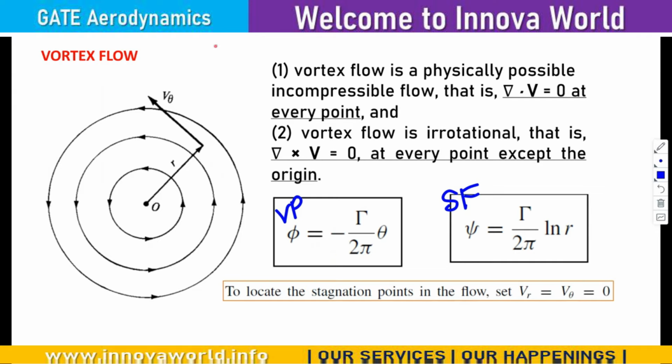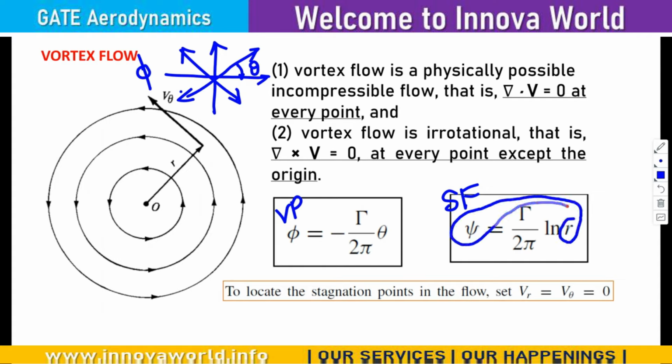Now if I have to draw again for the velocity potential and for the stream function, if any figure represents something like this, it will be the velocity potential, where we can represent the flow in terms of theta, and here you can see the stream function is represented with R. That means when you want to represent the stream function flow, it has to be represented in this form.